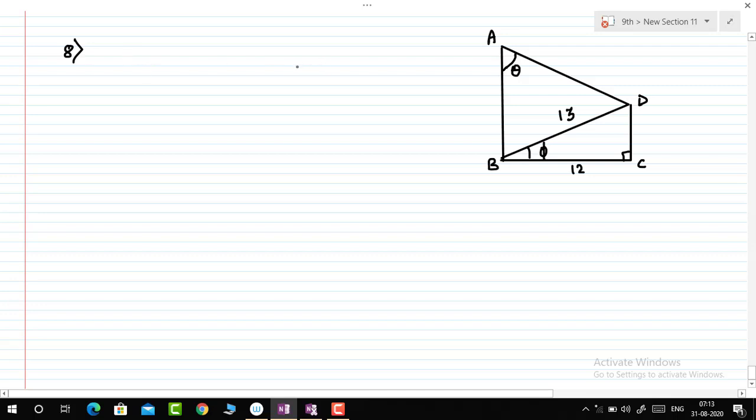there is a figure and the question asks, you have to find the value of sine phi and the value of tan theta. So we can see in triangle BCD, we can apply the Pythagoras theorem, that is perpendicular square plus base square equals hypotenuse square.